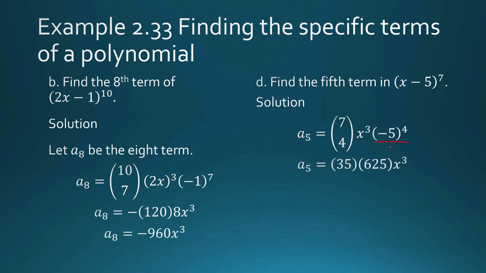It's 625. Seven taken 4 is 35. So let us now obtain the product and let us show the fifth term.